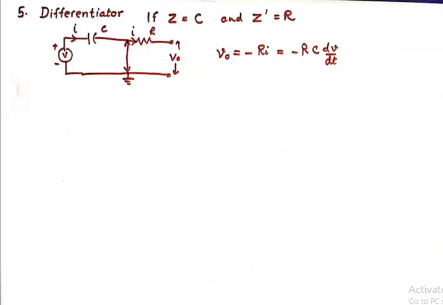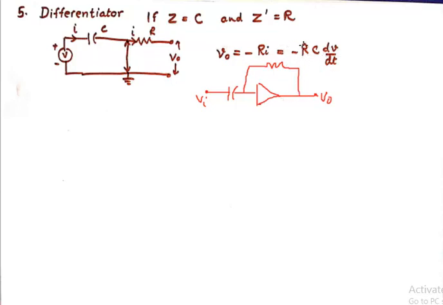And then we have the differentiator operation, and this can be performed by keeping the input impedance to be capacitive and the feedback impedance to be resistive. So it is exactly the opposite of the integrator operation. So V0 becomes equivalent to R into I, and then I can be substituted as C dV by dt.